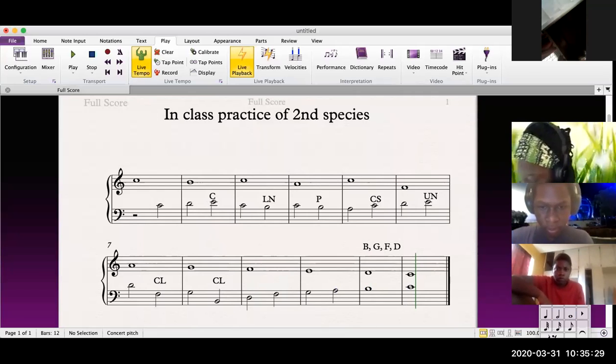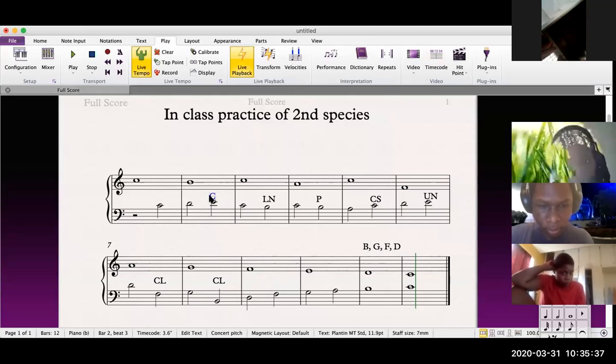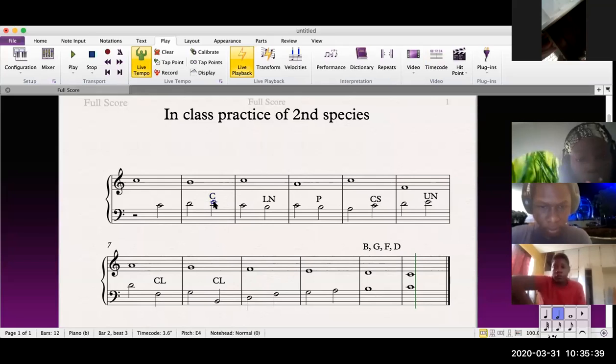Now, I think we probably could all agree there's some things we might want to change. I marked in some things here while someone was talking earlier. So C just means it's a consonant note, or just the next consonant note. Lower neighbor, passing tone. Consonant skip is a consonant note, but there was a skip here. Upper neighbor, consonant leap, consonant leap.